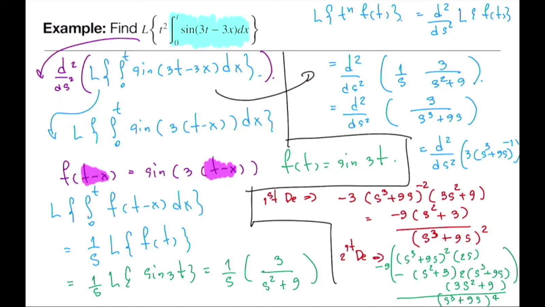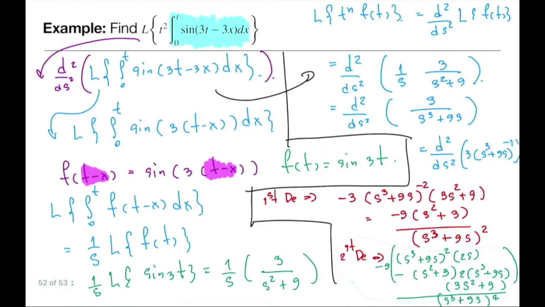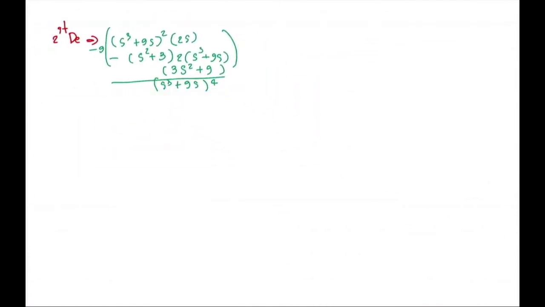I'll copy this to the next page. Here you would have minus 9, and in there is (s cubed plus 9s) squared.